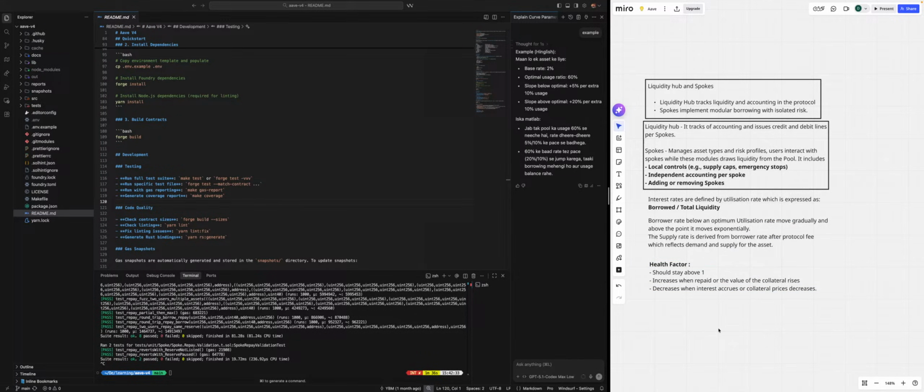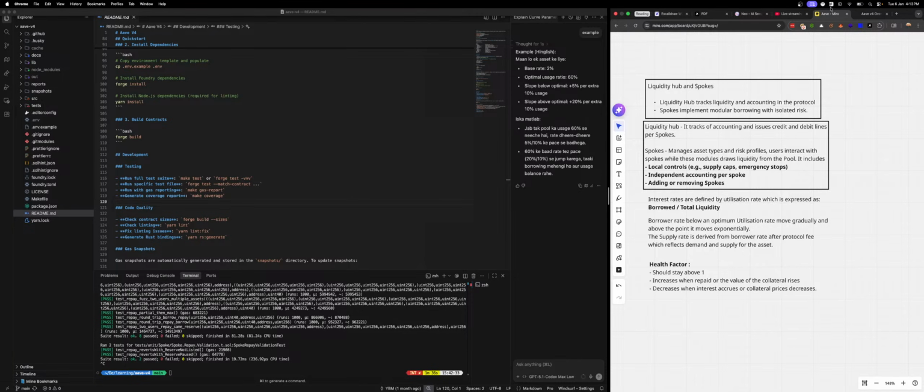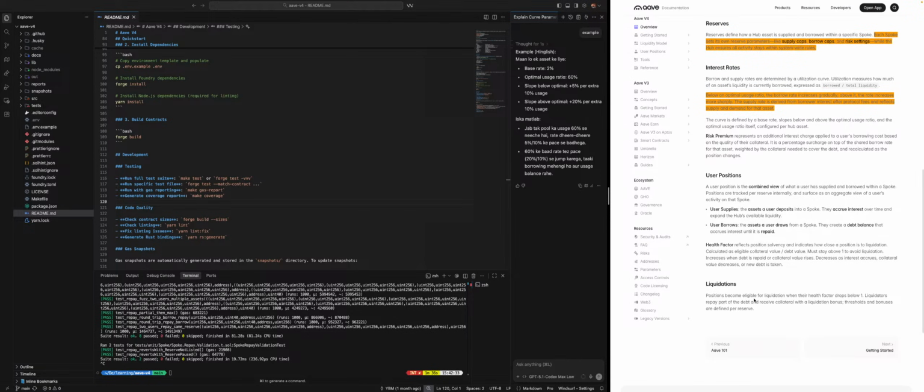So we have an explanation of health factor as well. Manageable. To summarize, health factor is basically defined as a formula of what worth of collateral you have provided and how much you have taken against it, right?